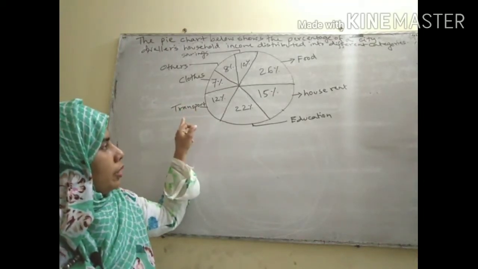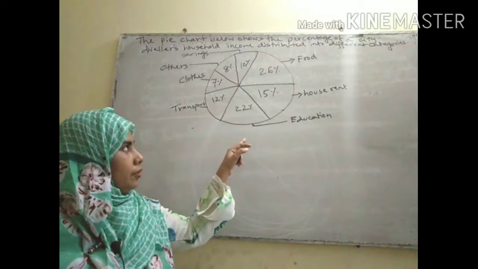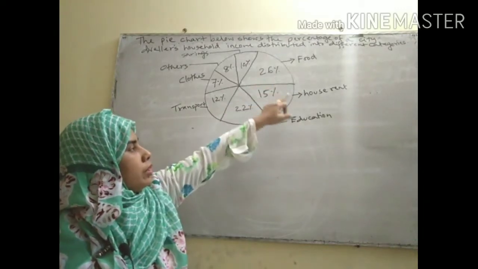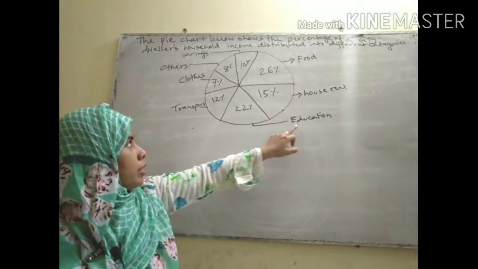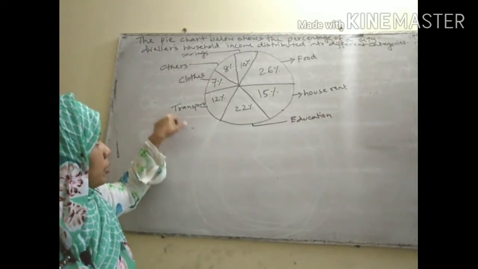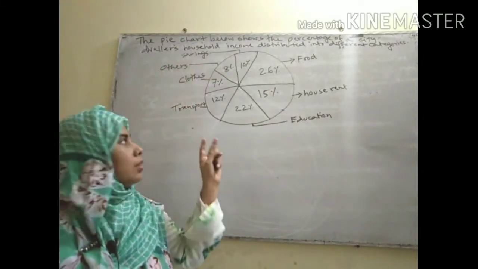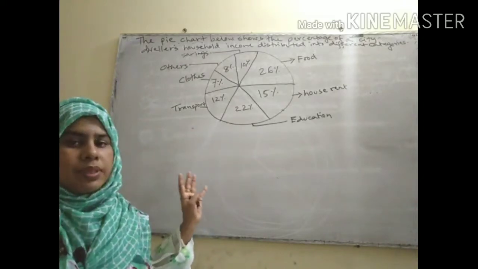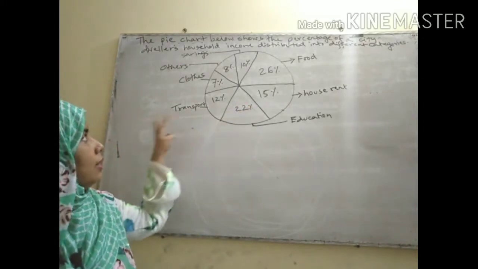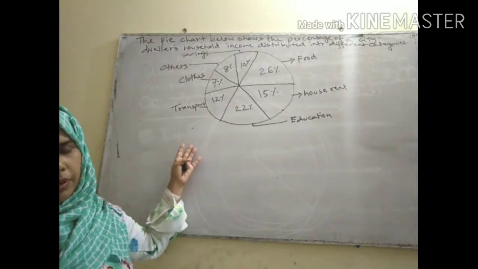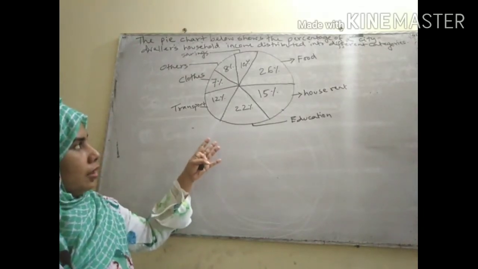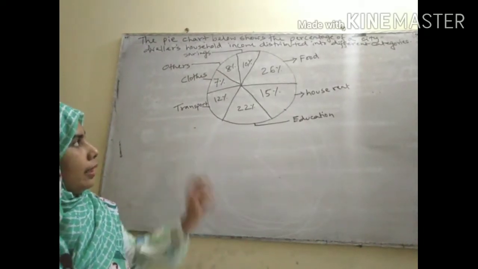So a city dweller spends money on food, house rent, education, transport, clothes, others, and also the family has some savings. So these are the categories on which the family spends its annual income.